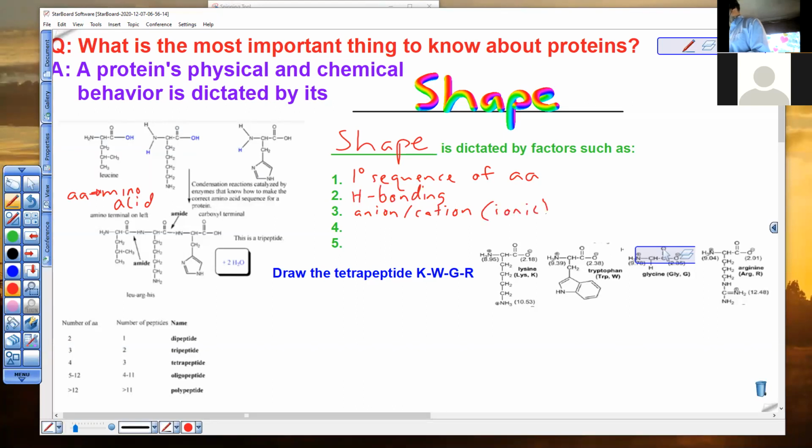Ionic attractions, or bonding if it's an ionic bond. London forces for non-polar amino acid groups. So we call those hydrophobic interactions.